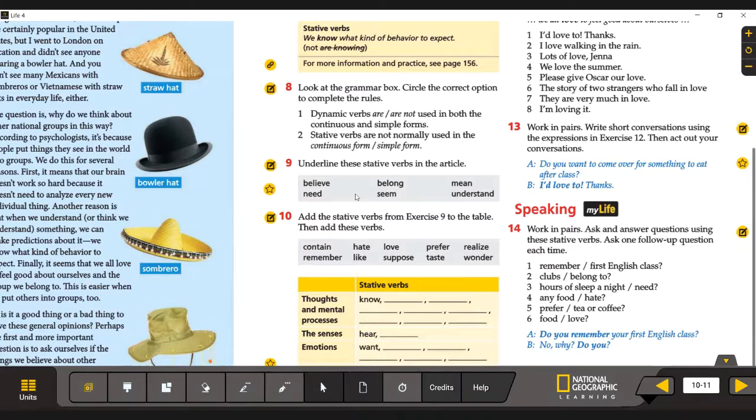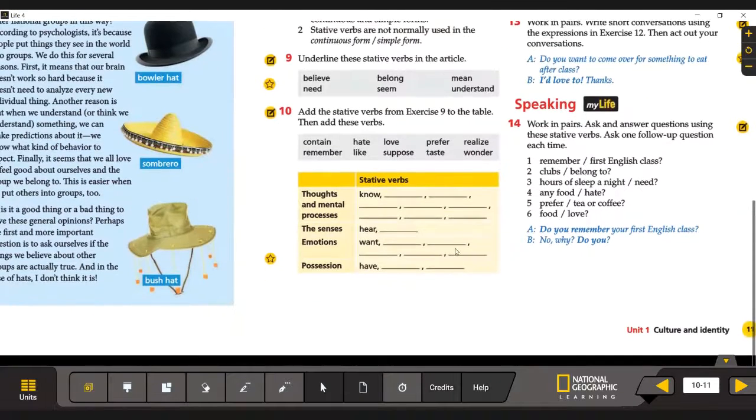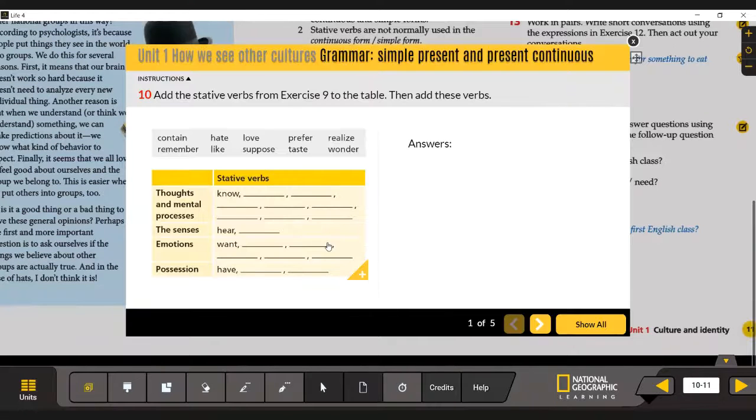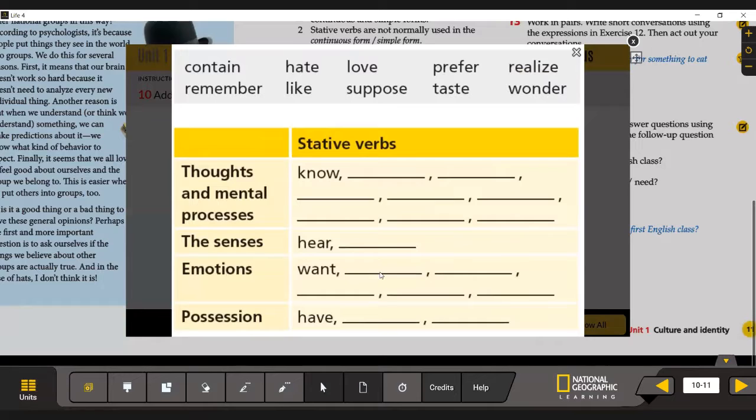Okay, now, all of these verbs can be classified into this yellow box. These verbs, some of them are thoughts and mental processes, some others are senses, some other verbs are emotions, and some others are possessions, right? Well, this yellow box is something that you will have to prepare yourselves.